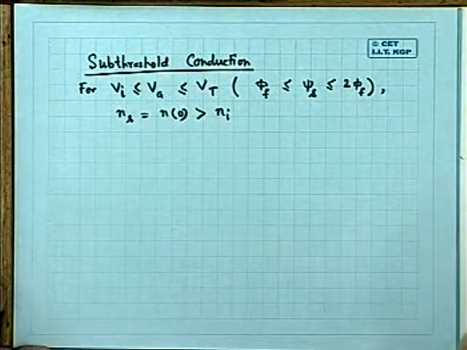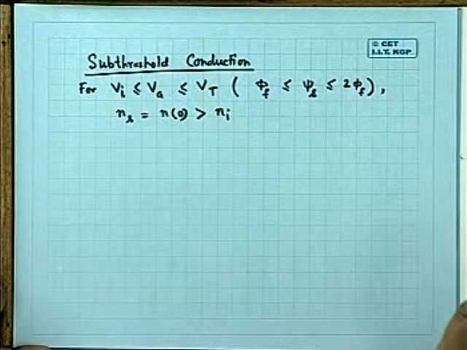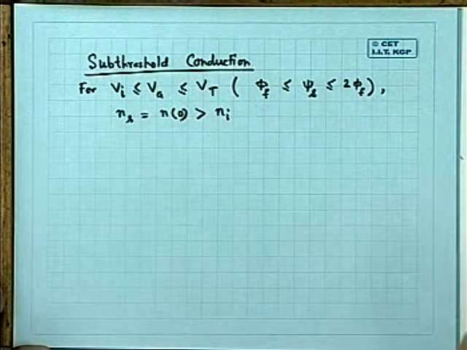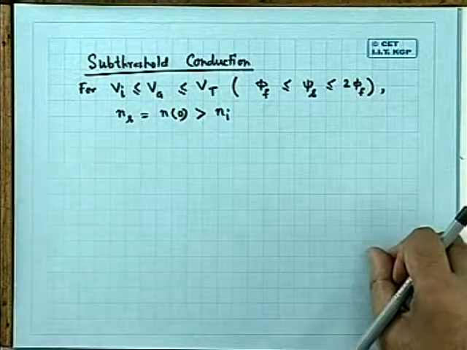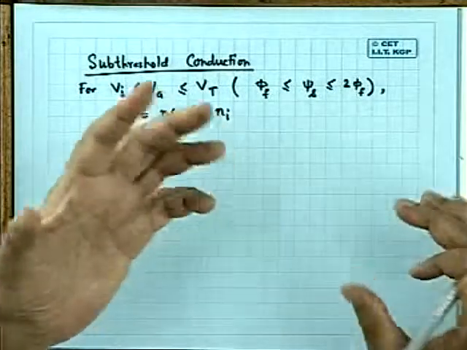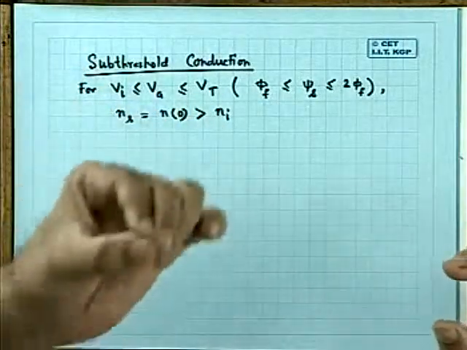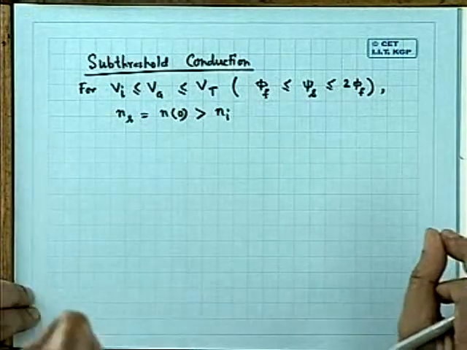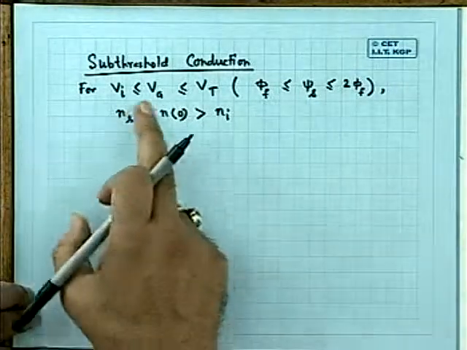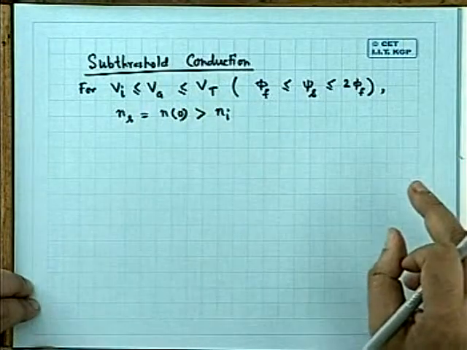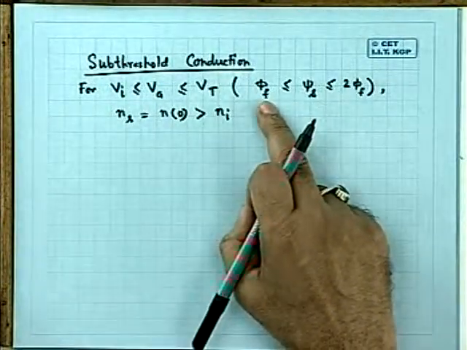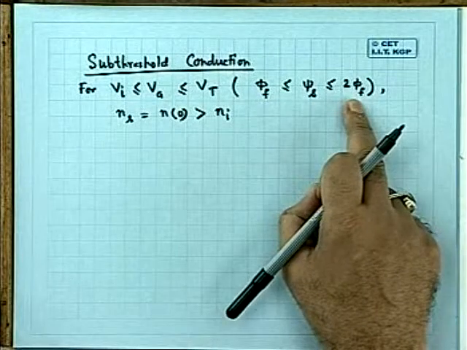Therefore, under this condition there will be some appreciable number of electrons which will cause some very minor current flow, a small current. And that is what is known as subthreshold conduction. So I see that when Vg is even less than Vt, but as long as it is more than Vi, that means the corresponding surface potential is more than phi f but less than twice phi f, then also a small current will flow.